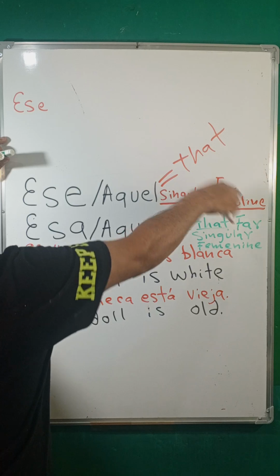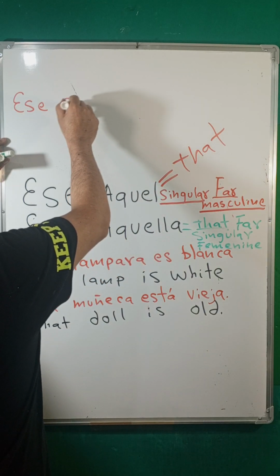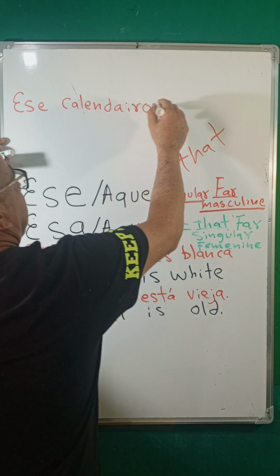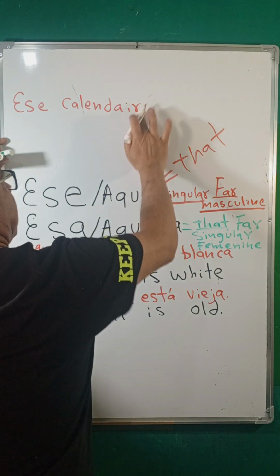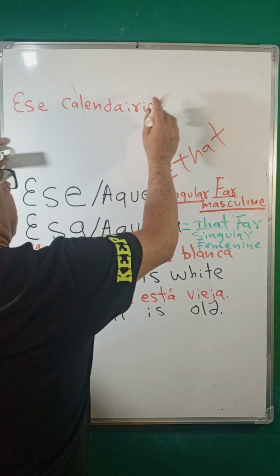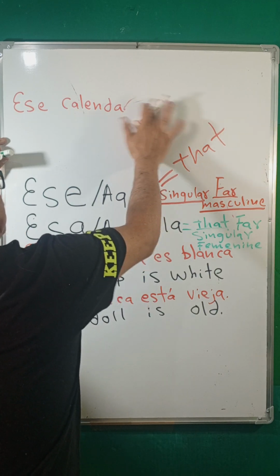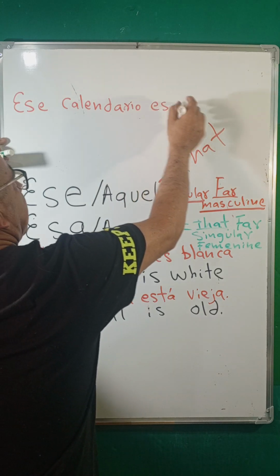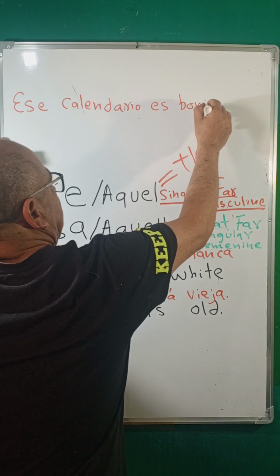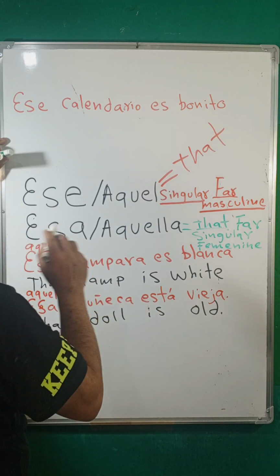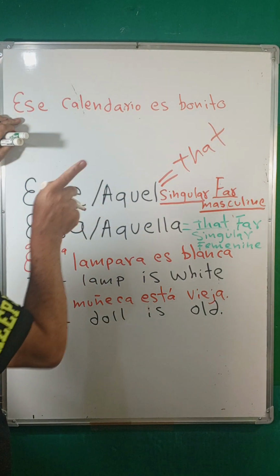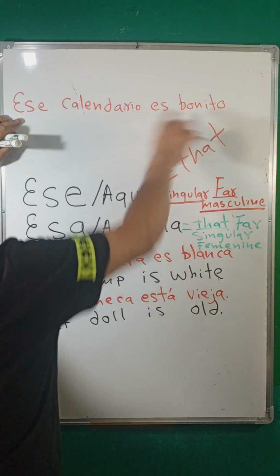Singular for masculine is this: Ese calendario es bonito. That calendar is nice.